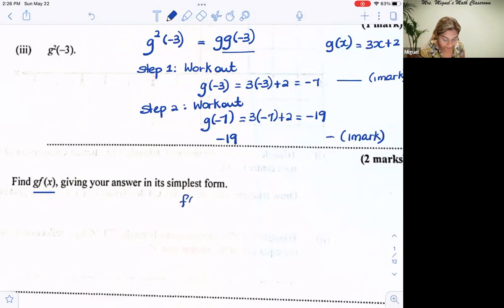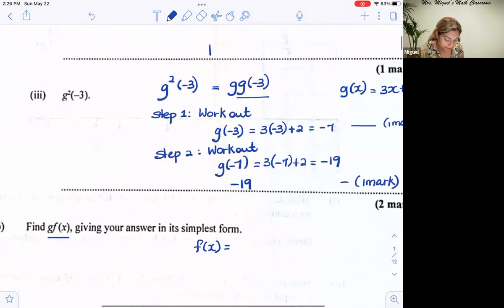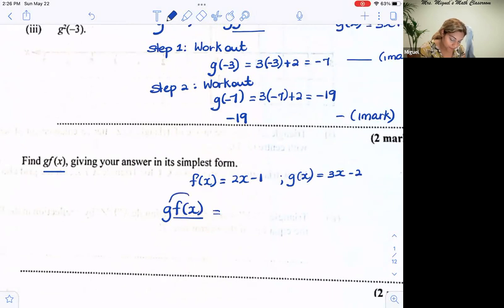So f of x is equal to 2x minus 1 and g of x is 3x plus 2. So we are putting the inner, which is the f function, into the outer by method of substitution for the variable x.